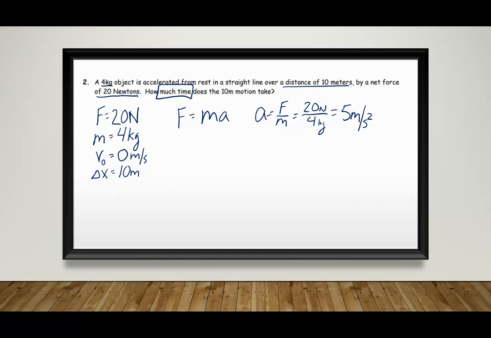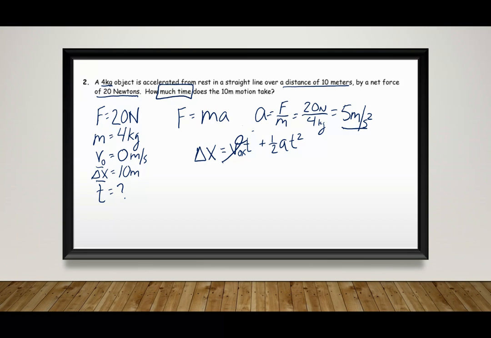And then the question says, how much time does it take the 10 meters motion to take place? Okay, well, let's see. Do we have an equation that brings together V initial, change in x, and acceleration? Okay, we do. We have our change in x equals V initial times t plus 1/2 a t squared.